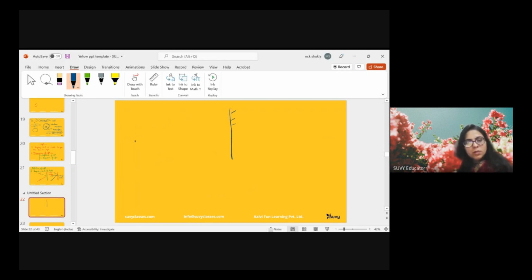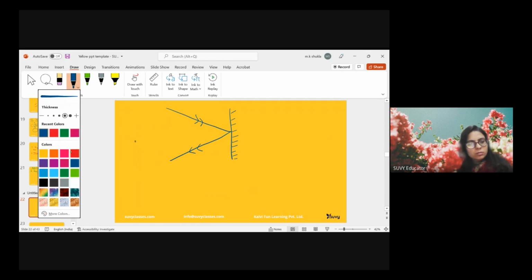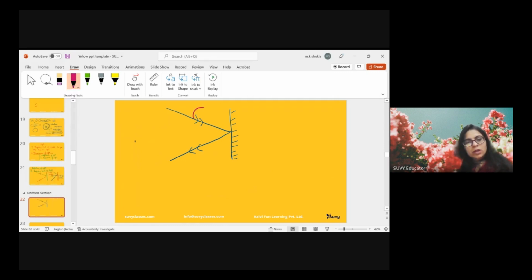Now this is a plane surface and light strikes it and bounces back. This ray is called the incident ray, and this ray is called the reflected ray. The straight line between the incident and the reflected ray is called the normal.